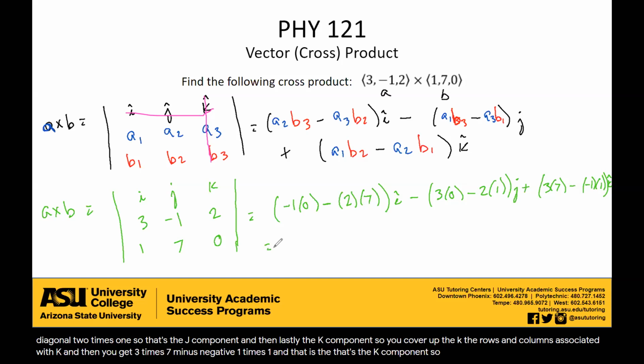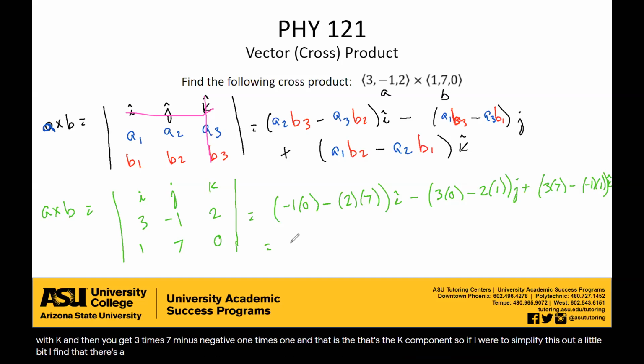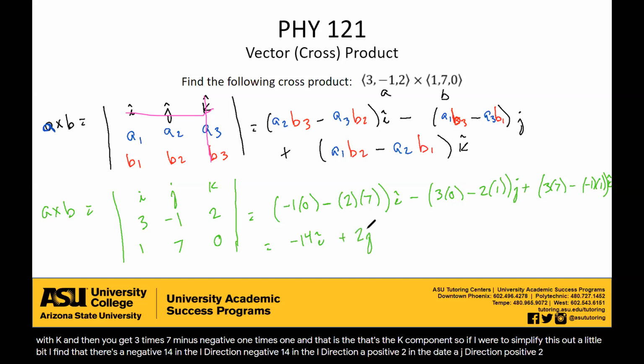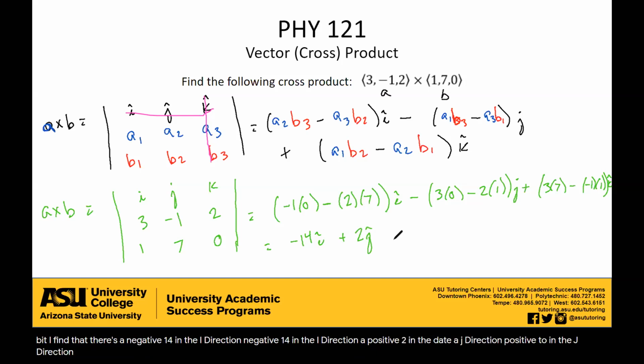If I simplify this a little bit, I find there's a -14 in the I direction, a +2 in the J direction, and a +22 in the K direction.